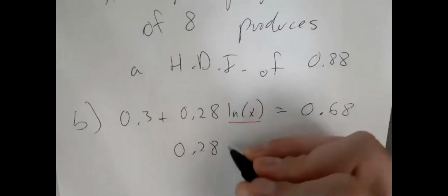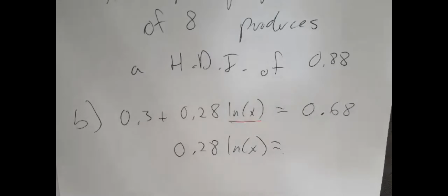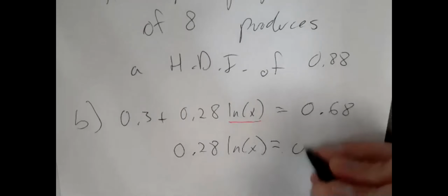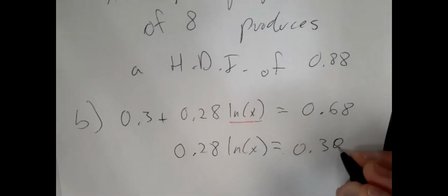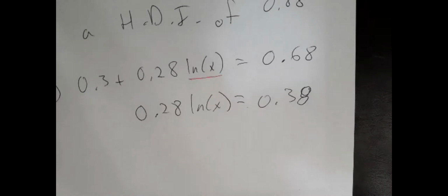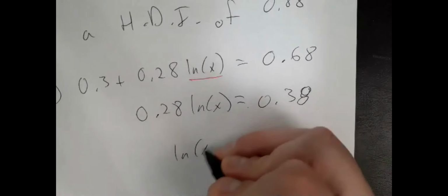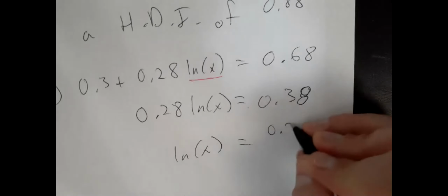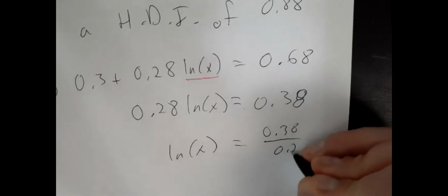The first thing is subtract the 0.3, which will give me 0.38. And then the last thing, ln of x equals what? 0.38 over 0.28.